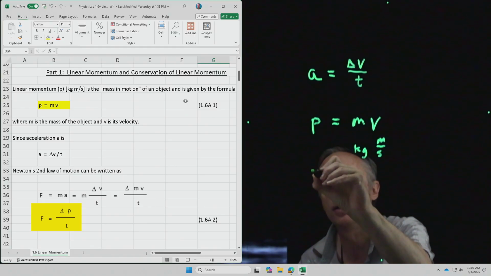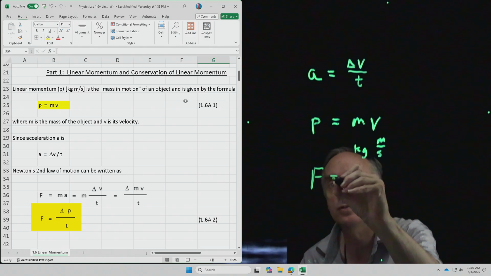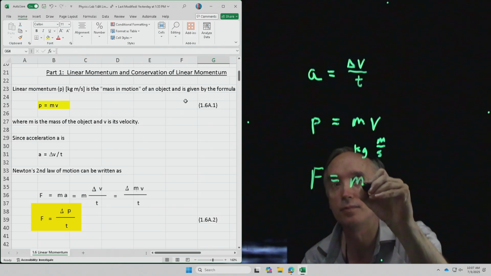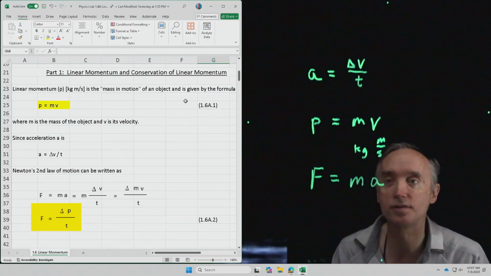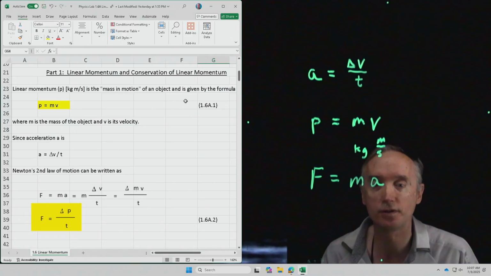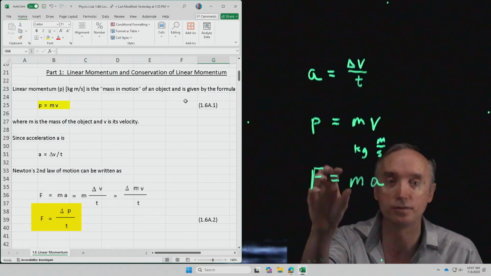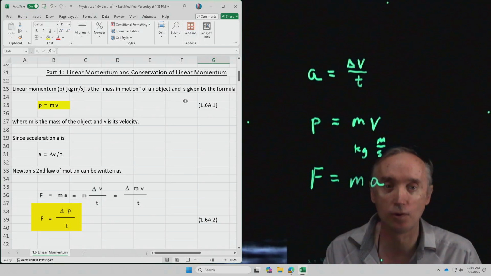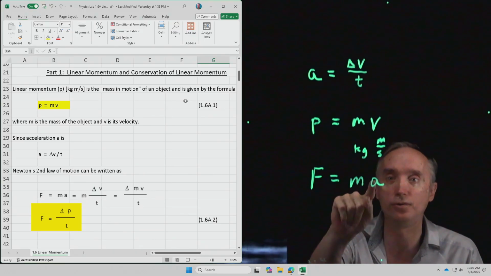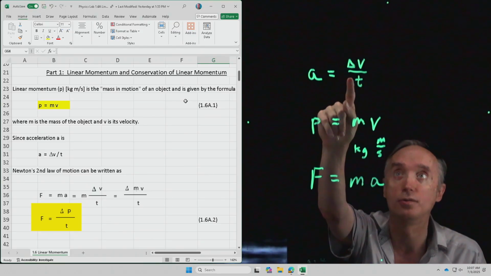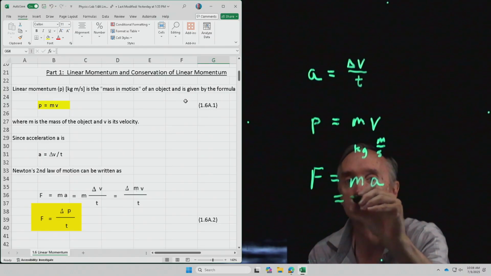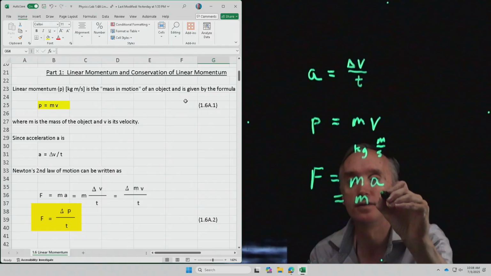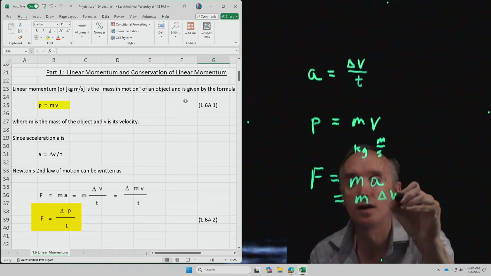Newton's second law says that force causes a mass to accelerate. But this was not the way that Sir Isaac Newton originally wrote the formula. He knew that acceleration was this thing here, so therefore force is going to be equal to mass times the change in velocity over time.